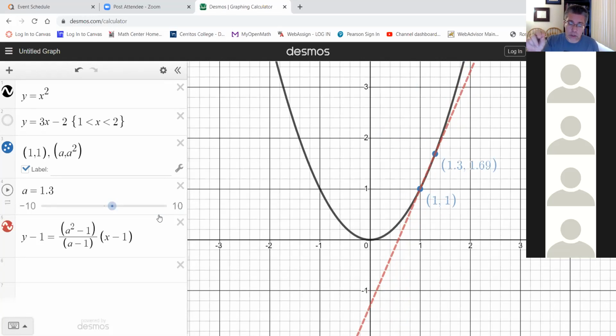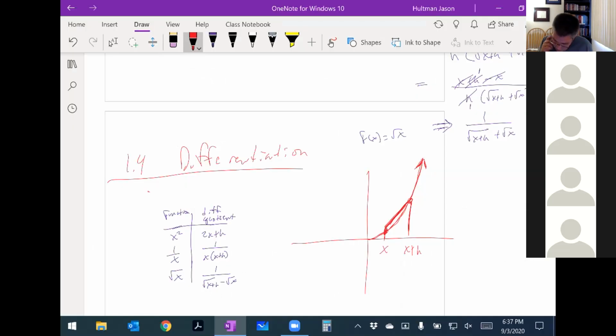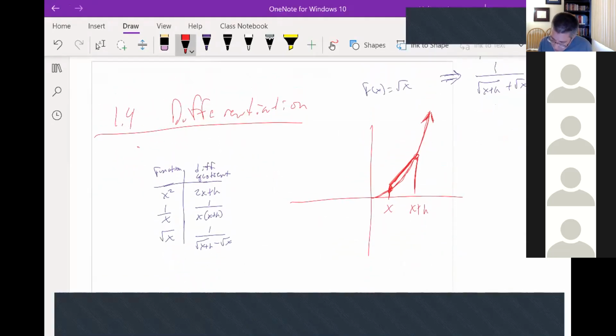When we approach a value really, really close, Oscar says it's a limit. Exactly, that's a limit. So what we're going to do is take the limit of this as h goes to 0.